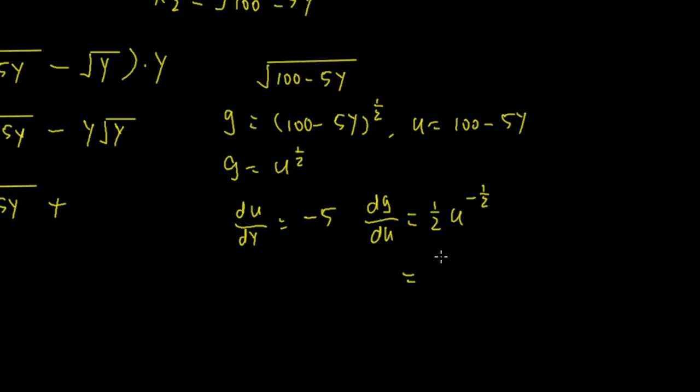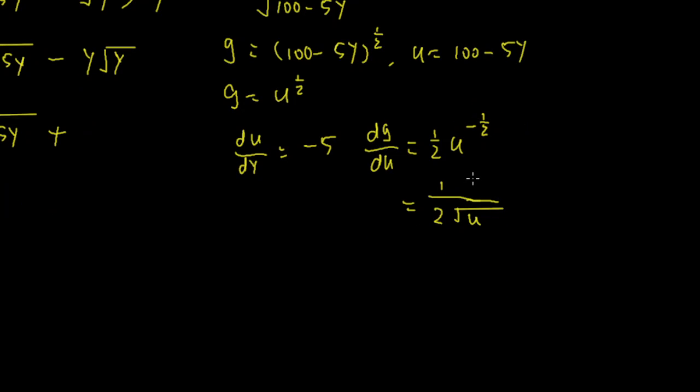And that is the same as 1/2 square root of u. And u is equal to 100 minus 5y, so I have to rewrite this: 1/2 times square root of 100 minus 5y. Okay, so that's dg over du.